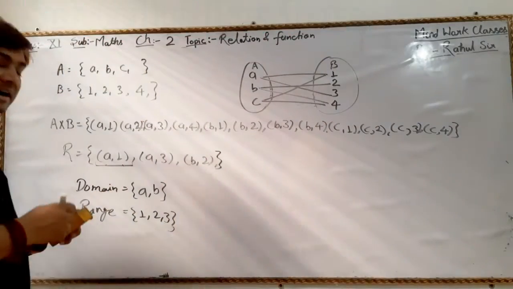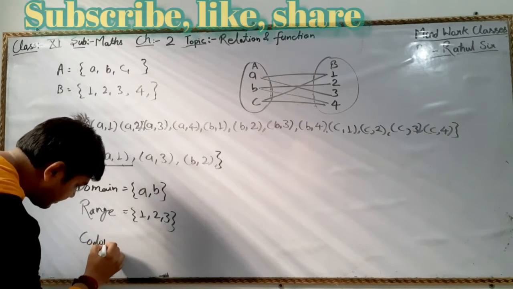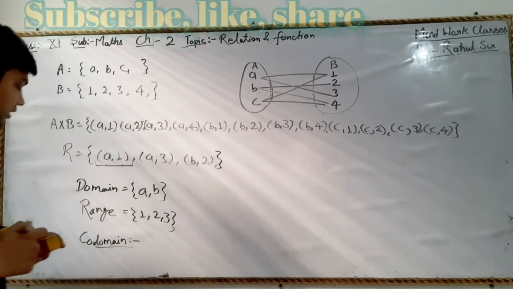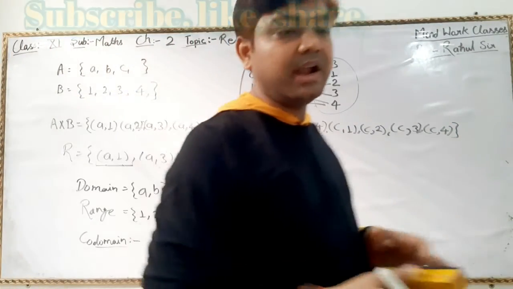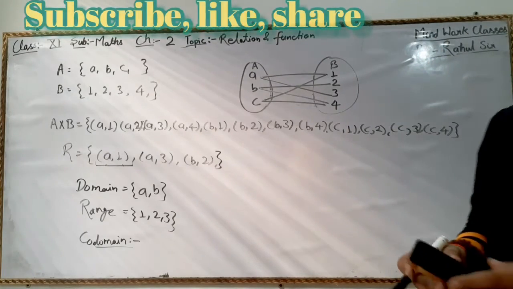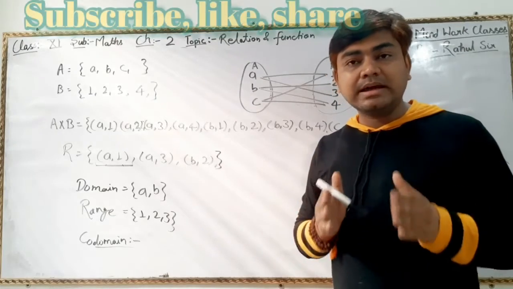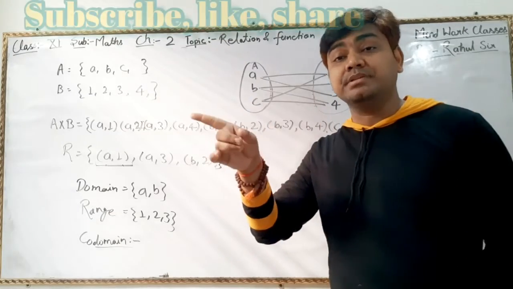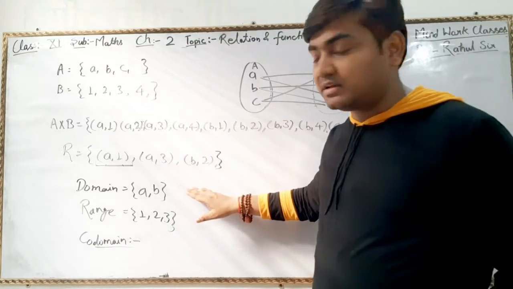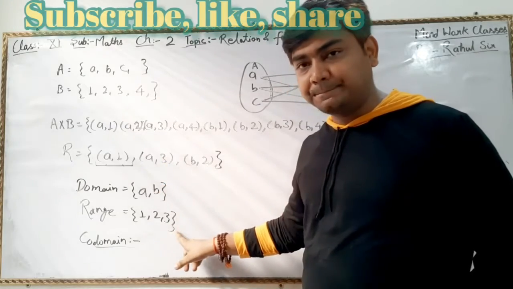Now the third point is codomain. So domain, range and codomain. Codomain means all the elements of set B. For this relation, the range is 1, 2 and 3.